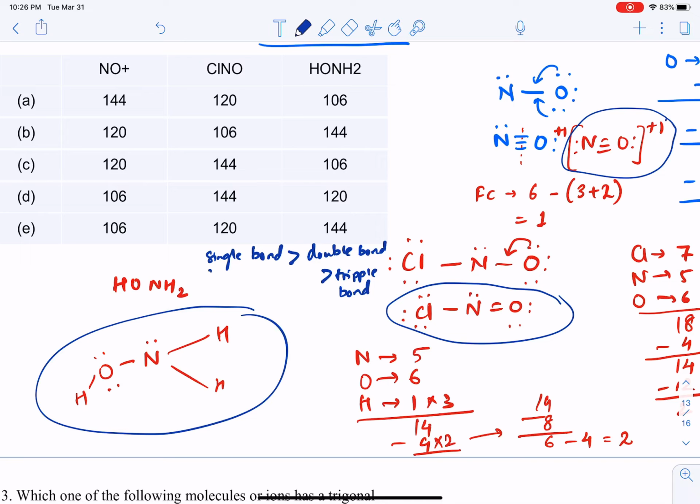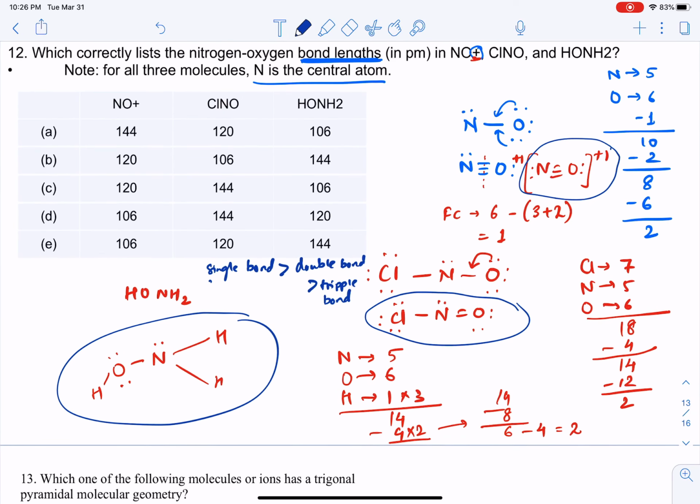Okay, so we are trying to see a bond between nitrogen and oxygen, right? So here in the first one, this is triple bond between the same nitrogen and oxygen. Here it's double bond, but here it's single bond.